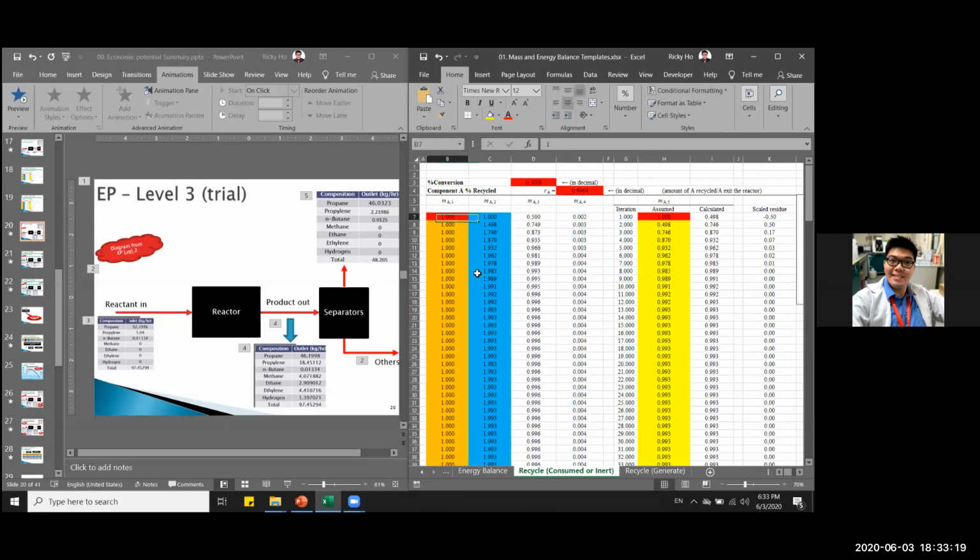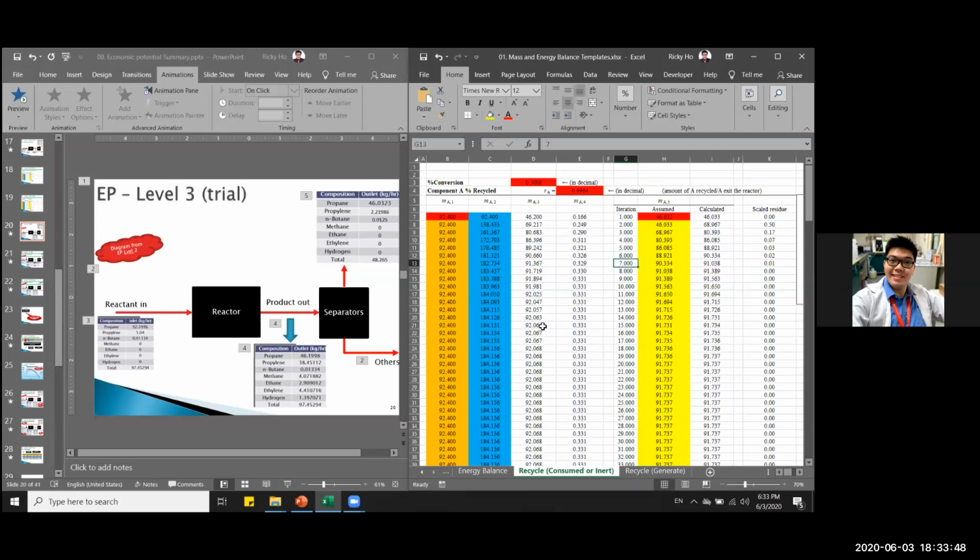Okay. Now, the propane that is entering your reactor here is 92.3996. And the amount of propane recycled is 46.0323.